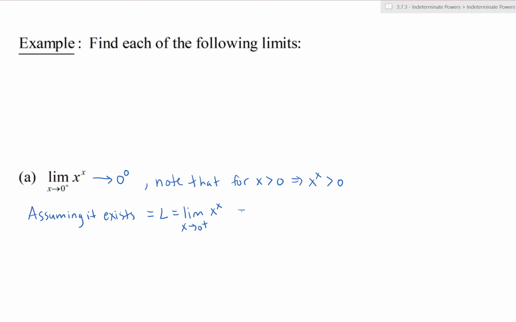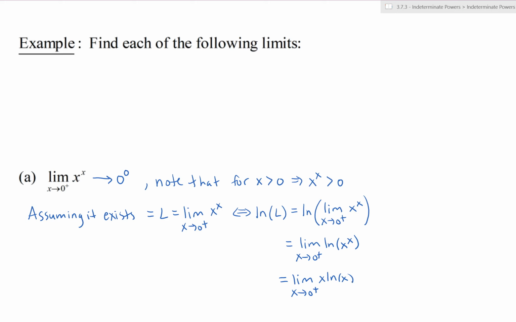Then it would follow that if I take the natural log of L, then that's the same thing as taking the natural log of the limit as x goes to 0 from the right of x to the x. But by properties of limits with composite functions, that is the same thing as the limit as x goes to 0 from the right of the natural log of x to the x, which is the same as the limit as x goes to 0 from the right of x times the natural log of x.